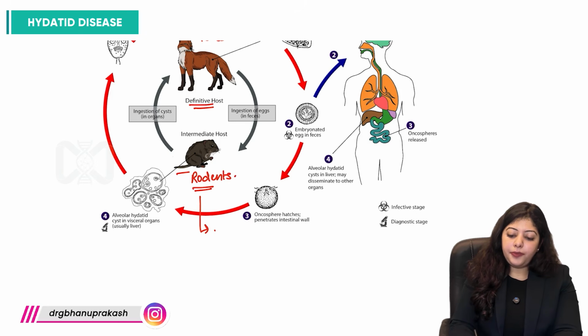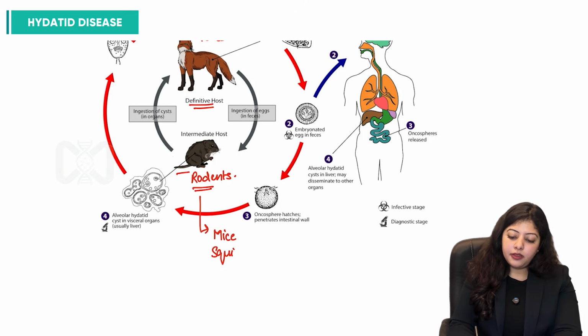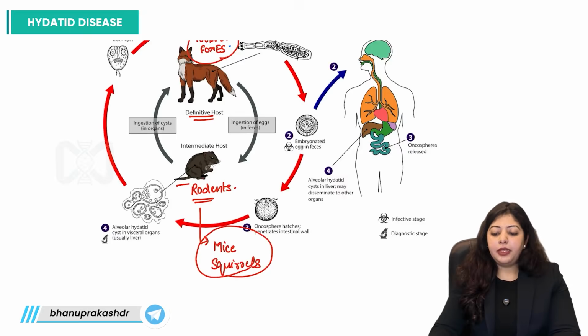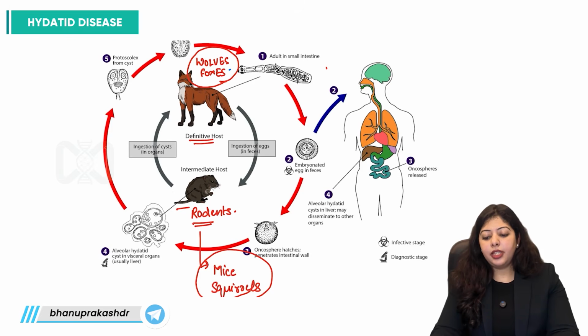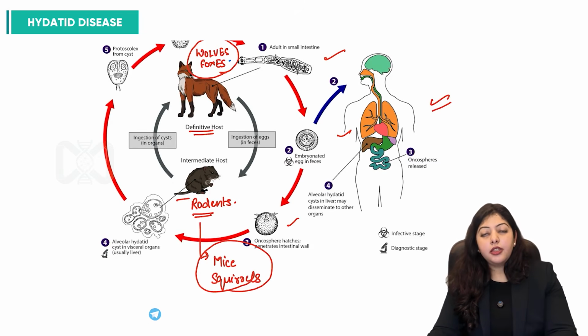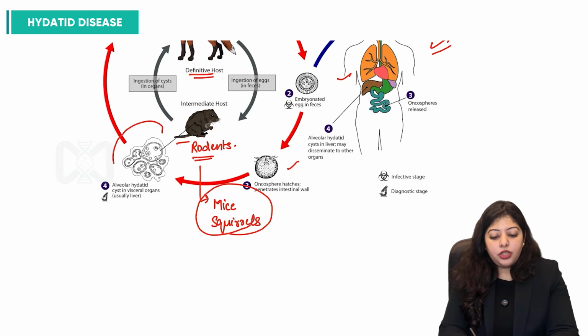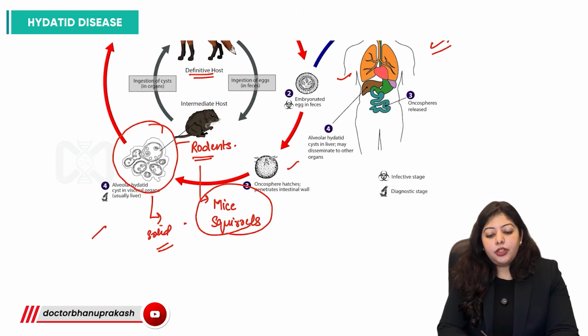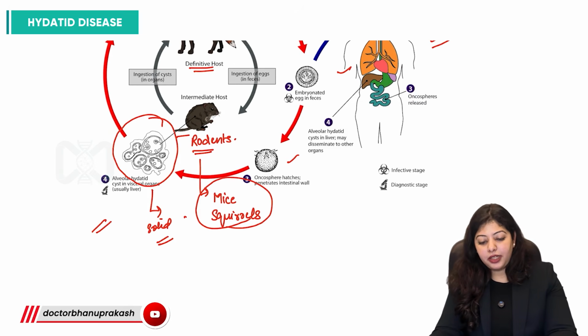These will include mice, squirrels, etc. The pathogenesis is still the same, and humans are definitely going to be the accidental host again. Pathogenesis remains the same, but only the structure is changing. These are solid masses, right? And liver still remains the most common site.